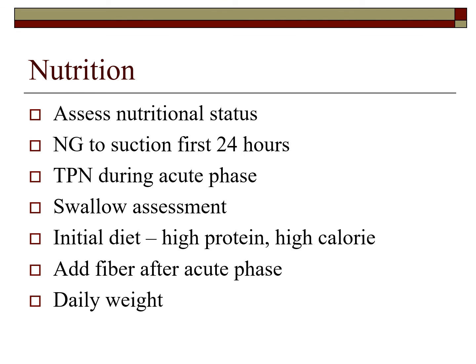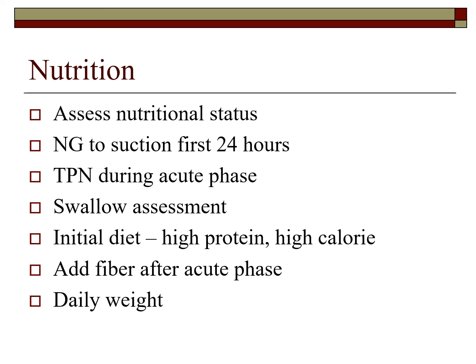Nutrition. They might have total parenteral nutrition during the acute phase because their GI system is usually quiet at first. If it's high enough, we have to do a swallow assessment. Here's our high protein, high calorie diet. So, good proteins, meat sources, vegetable sources, peanut butter, eggs, milk, yogurts.